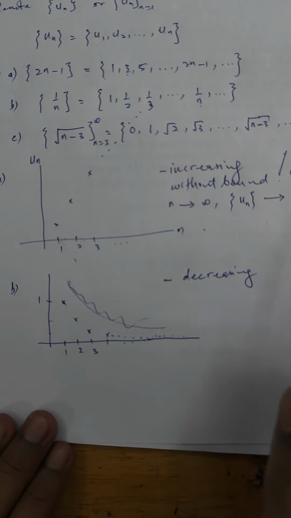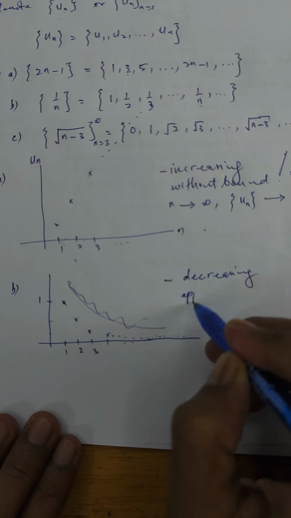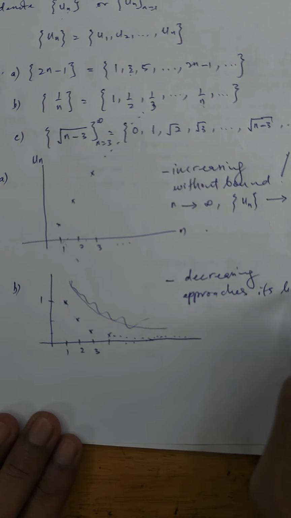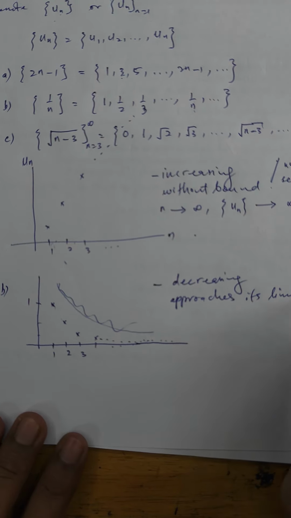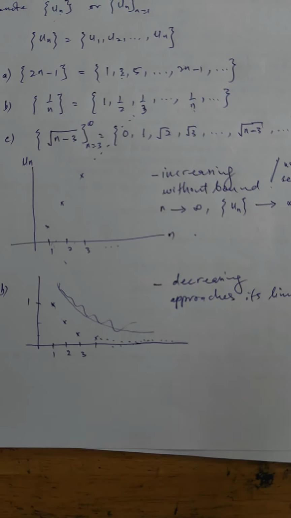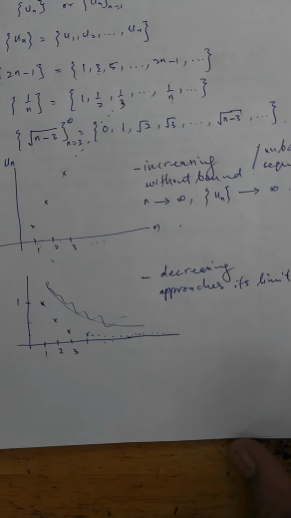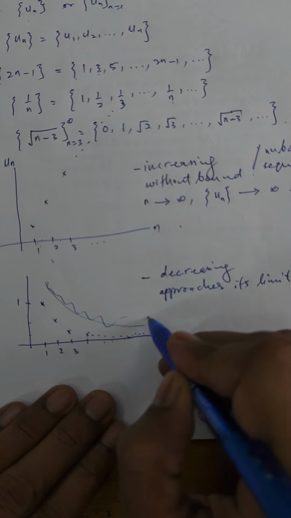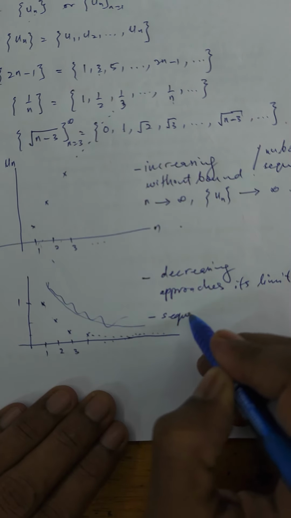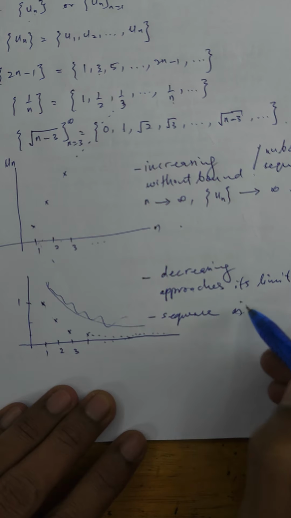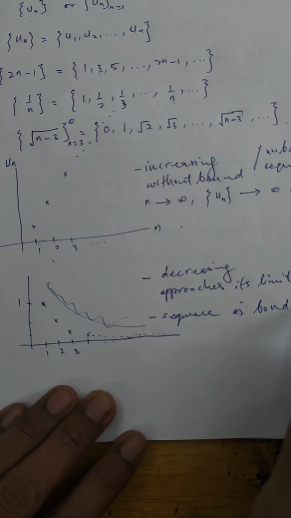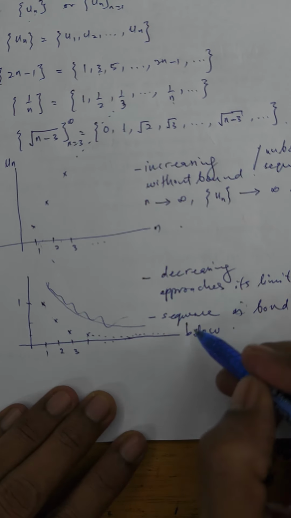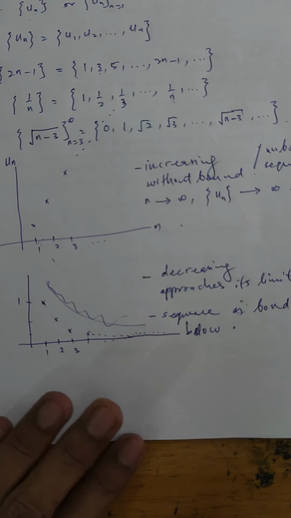So it is decreasing, and we say it approaches its limit, which is 0. So in this case, we say the sequence is bounded below.